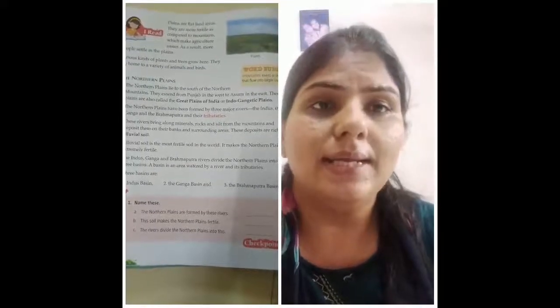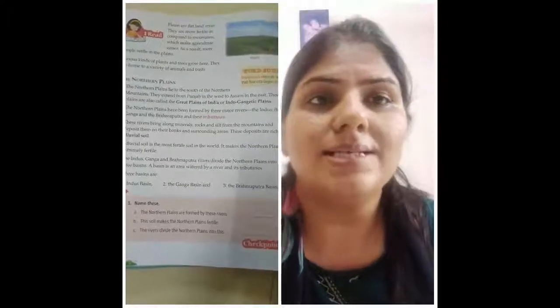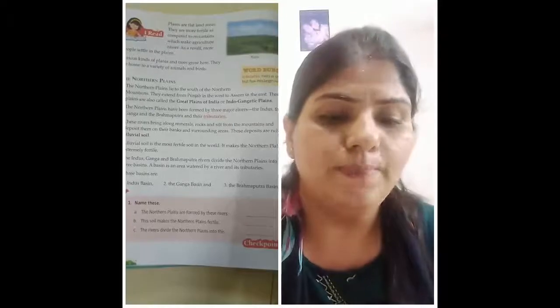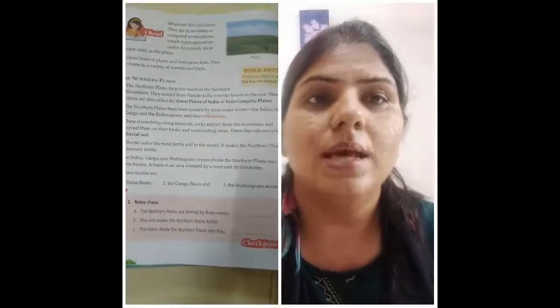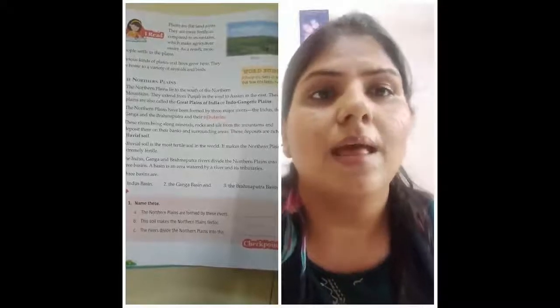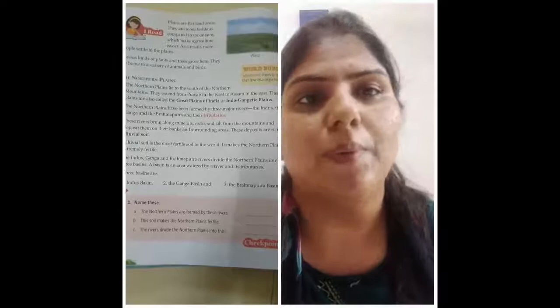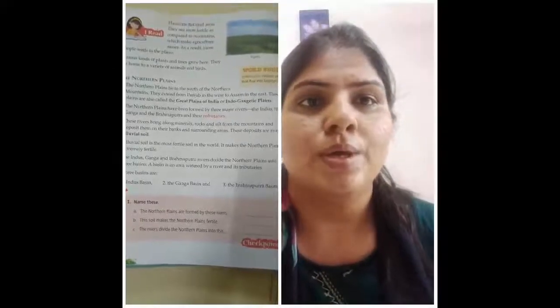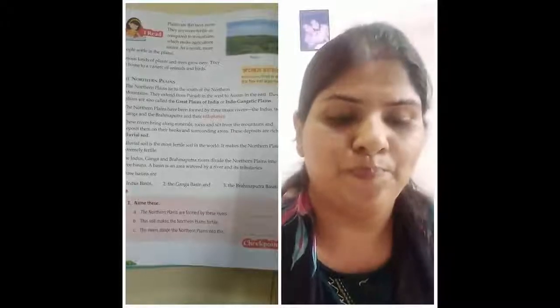And the Indus, Ganga and Brahmaputra lastly drain into their basins. There are three main basins: the Indus basin, the Ganga basin and third, the Brahmaputra basin. So students, this is the northern plains.